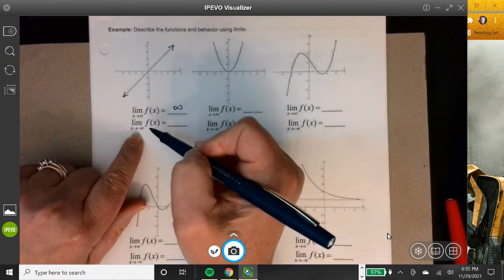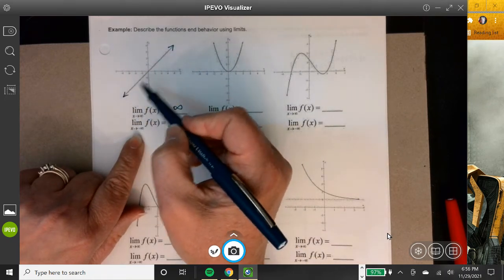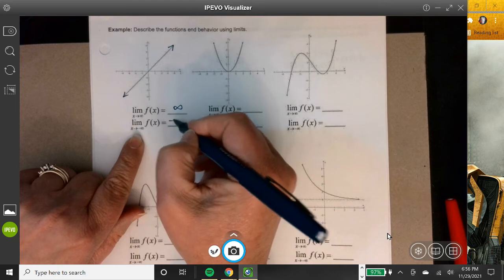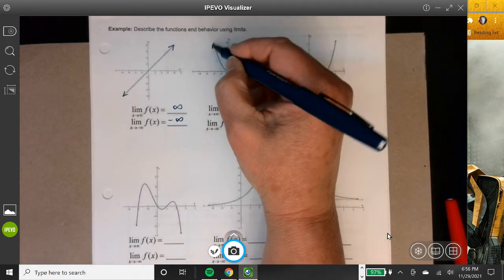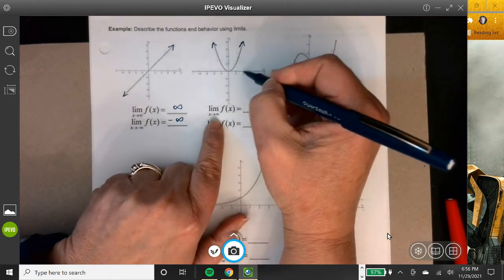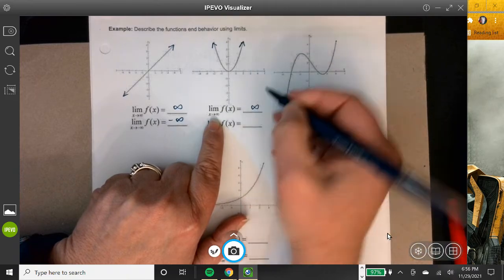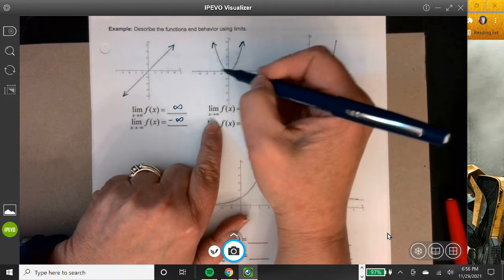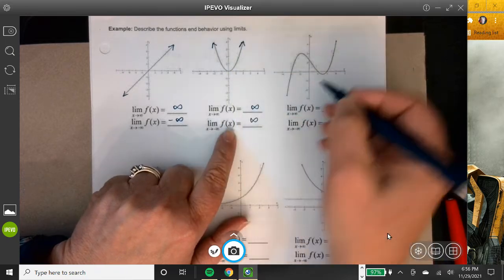The limit as x goes to negative infinity, the y is going to negative infinity. All right, these have arrows on them too. So this is a parabola, y equals x squared. As x goes to positive infinity, the y is going to positive infinity. As x goes to negative infinity, f of x is headed to positive infinity.